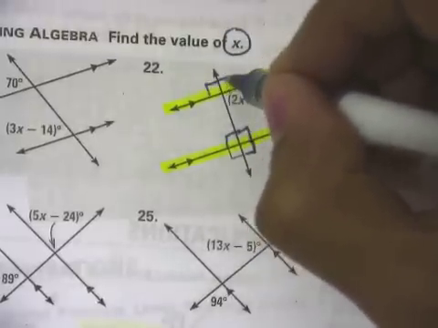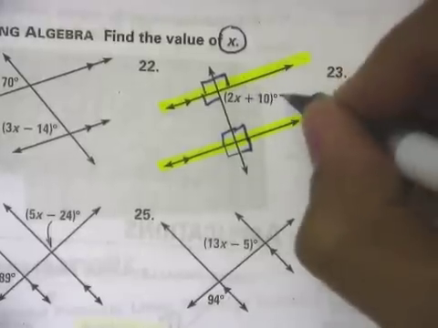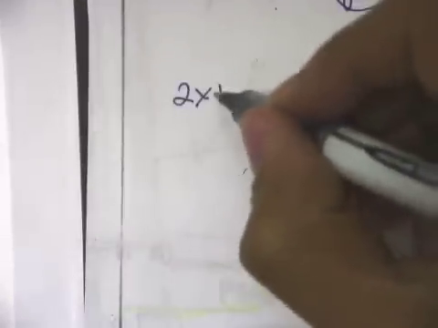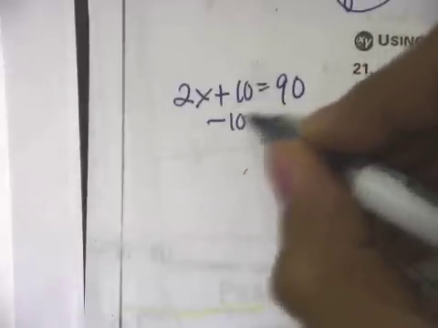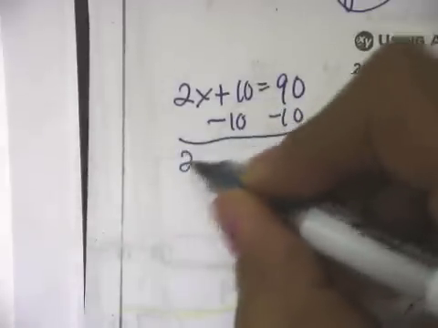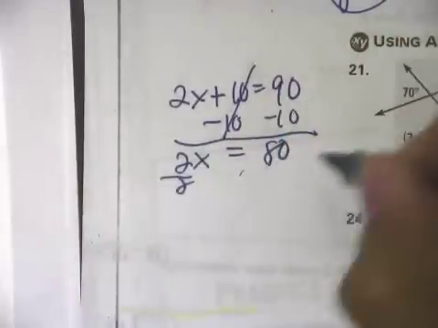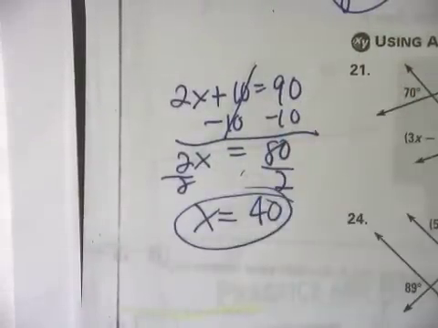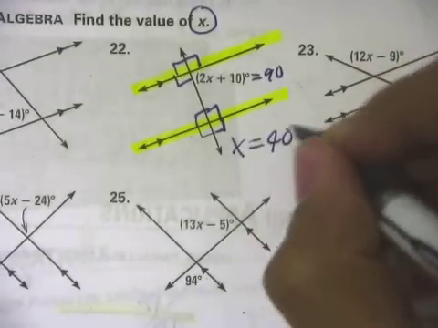So all of these are 90 degrees, and all of the corresponding angles will also be 90 degrees, which means that 2x plus 10 is also equal to 90. So we can solve that right over here, and x is equal to 40.